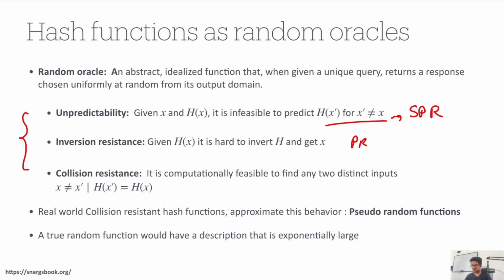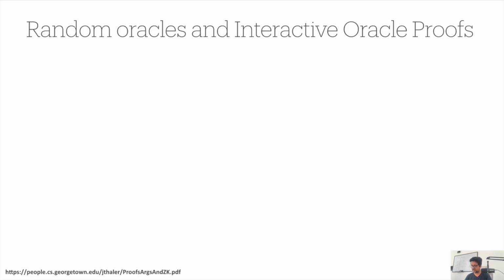For example, if you have a hash function which is additively homomorphic, it would not be a good pseudo-random function because you can predict structure out of it. In general, it's very hard to have a truly random function because it would have a description that is exponentially large. So what we have at best are pseudo-random functions.